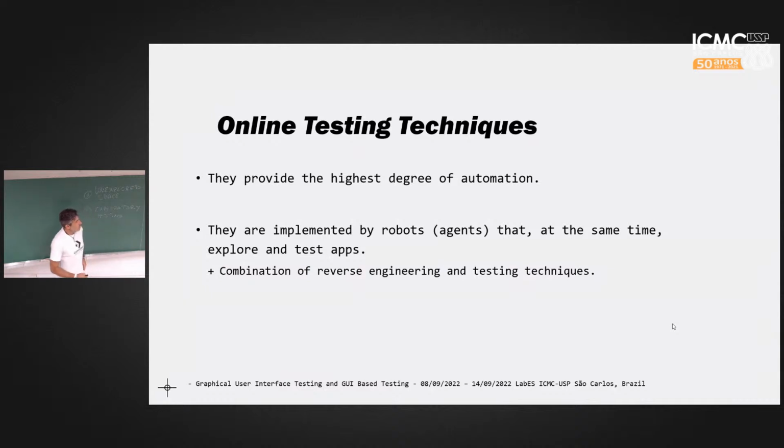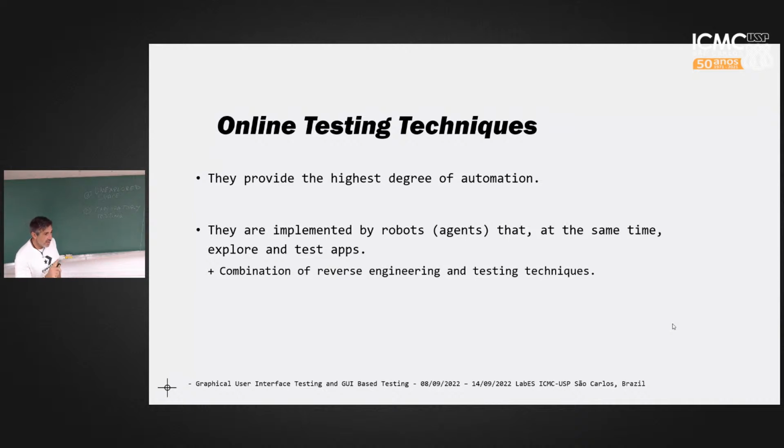How are online testing techniques implemented? Online testing techniques are implemented by robots, or nowadays we use the term agent. The robot is the agent devoted to executing an online testing technique.